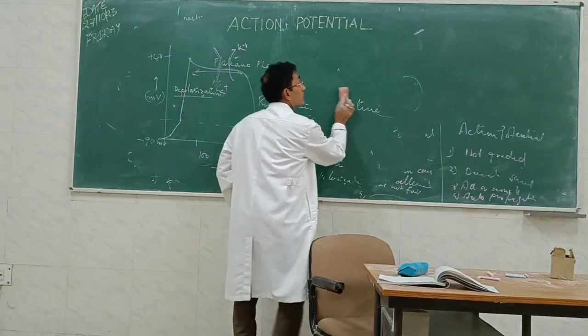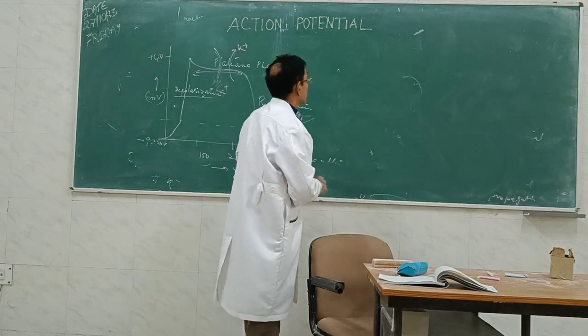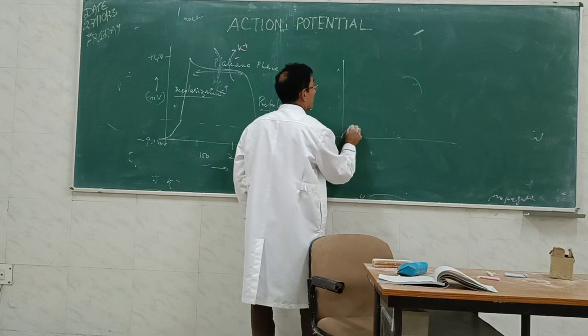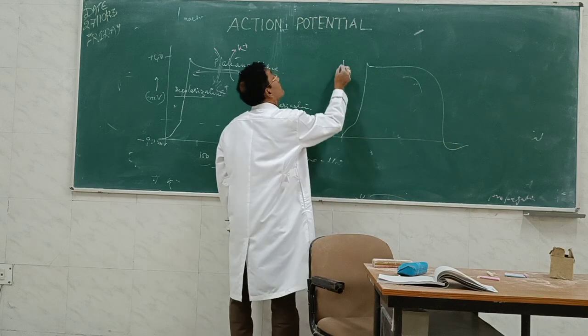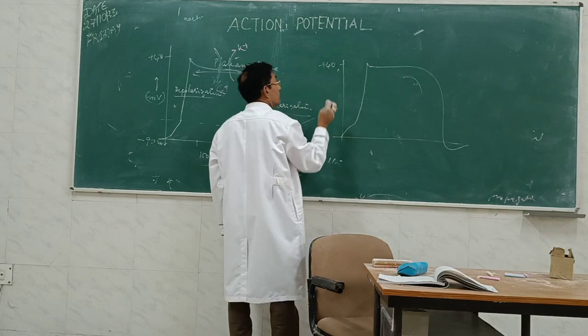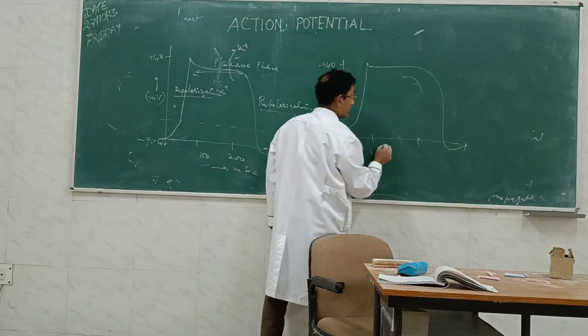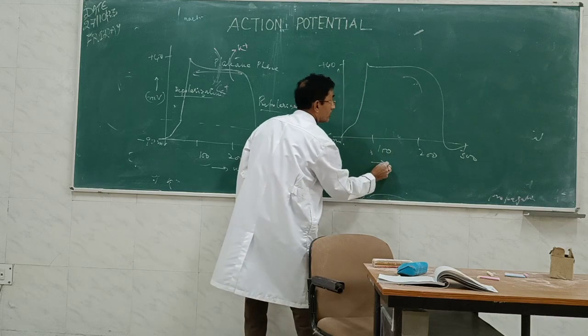Looking at the smooth muscle, it also can be drawn graphically. Here this is plus 40 millivolt, here it is minus 60 millivolt. The duration is 100, 200 and 300 milliseconds.